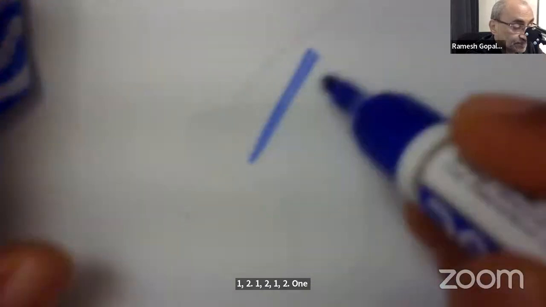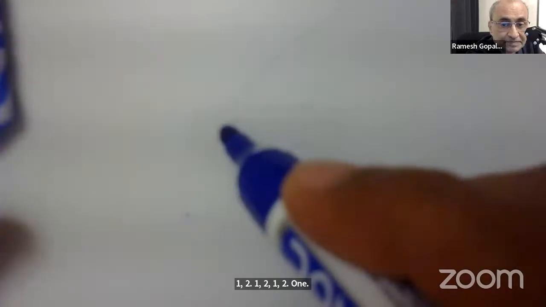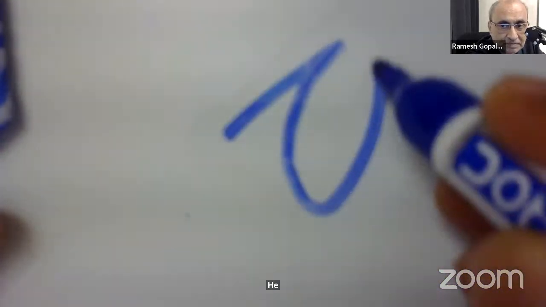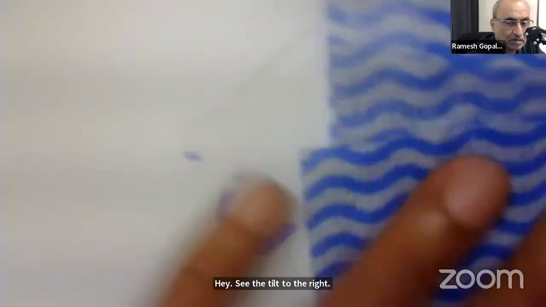Ha. He. See the tilt to the right. This is he. Hiragana. Katakana he.